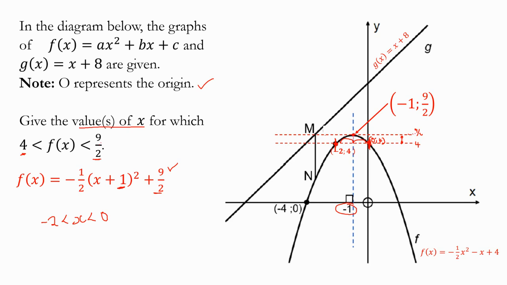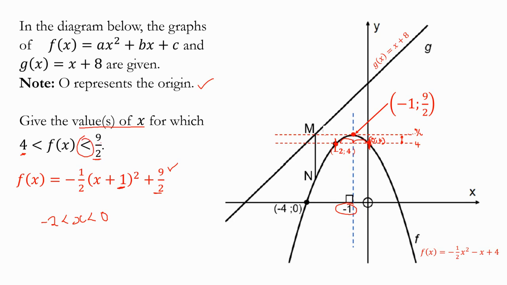The other thing you have to take note of is that at this point here, when x is equal to -1, it cannot be included, because at x equal to -1, the graph is equal to 9 over 2. Not less than 9 over 2. It is equal to 9 over 2. So 9 over 2, if you check here, is not included.